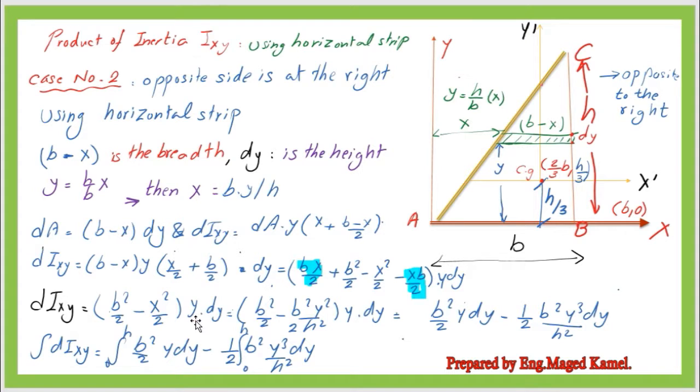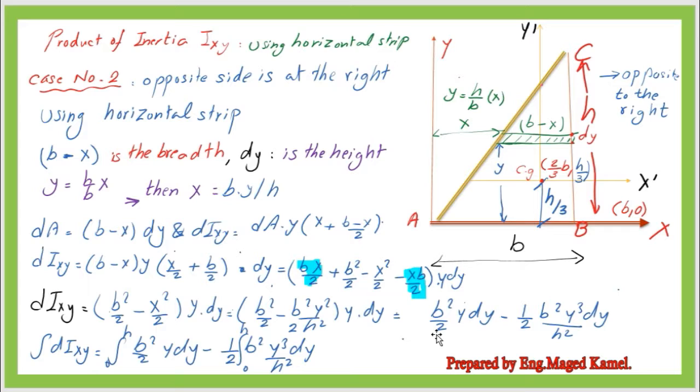So dIxy equal to b squared over 2 minus b squared y squared over 2h squared, multiplied by y dy. Since we are integrating in the y direction from y equal to 0 to y equal to h, we have to cancel any trace of x by substituting the value of y.